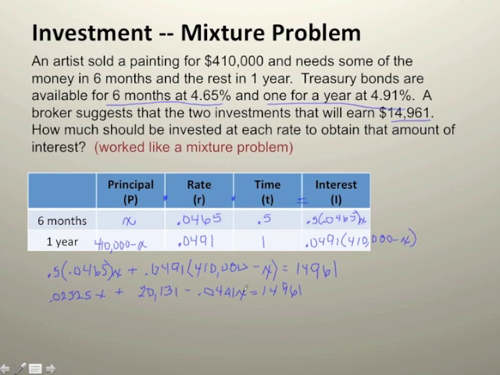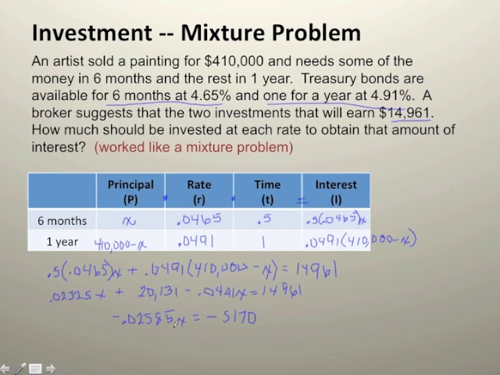When we combine like terms, we'll combine these two X terms, and since we have more negative, we're going to get negative 2,585/100,000ths X equals, when we subtract the 20,131 from both sides, negative 5,170.